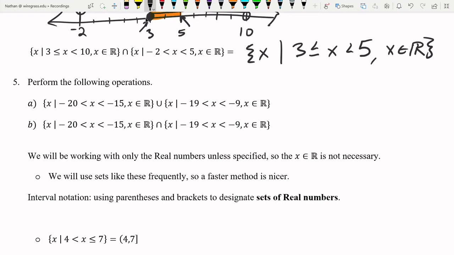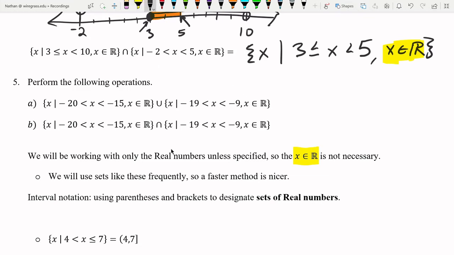First off, we are always working in the real numbers. So this x element of R that I wrote here at the end, there's no reason to write it. We're always going to be working with the reals. If we're not, it's going to be specified that we're not. But you can always assume that we're working in the reals. So it's just not necessary to say x element of R.